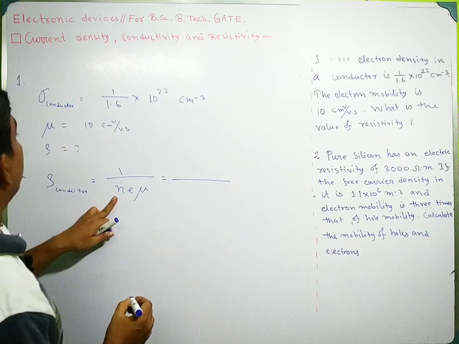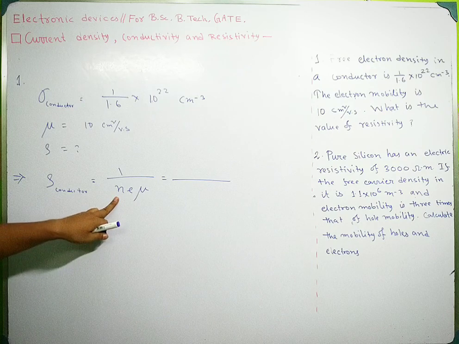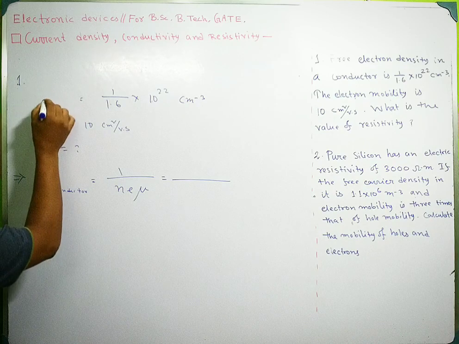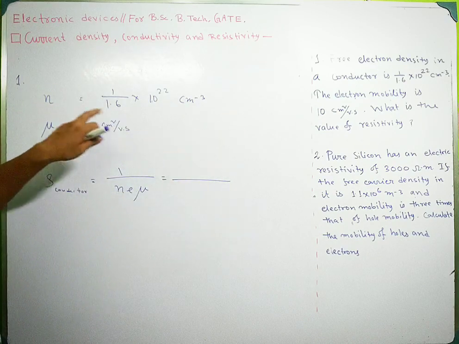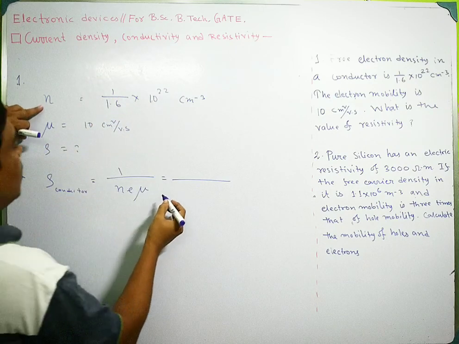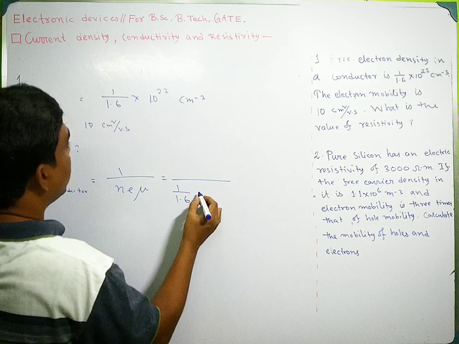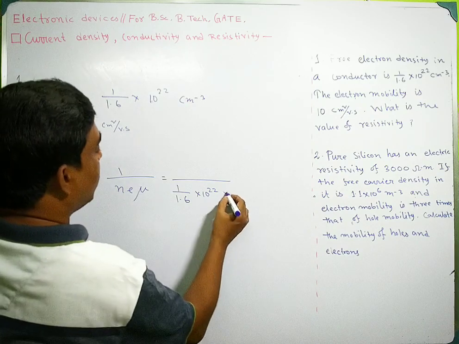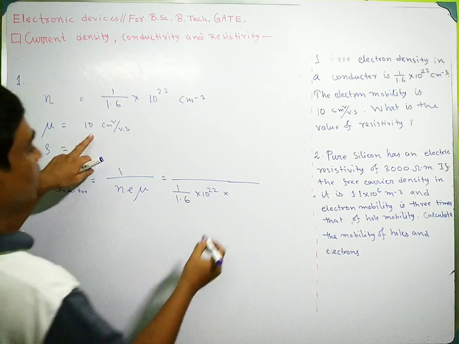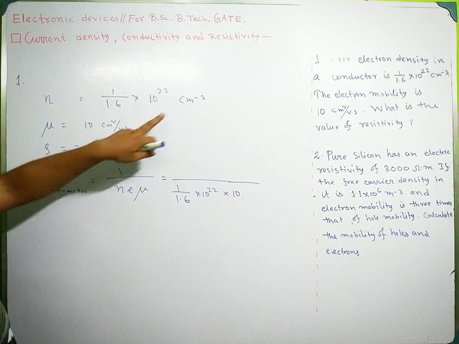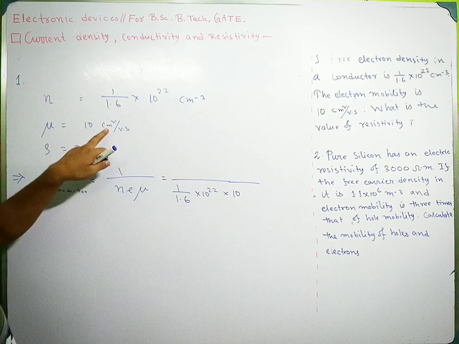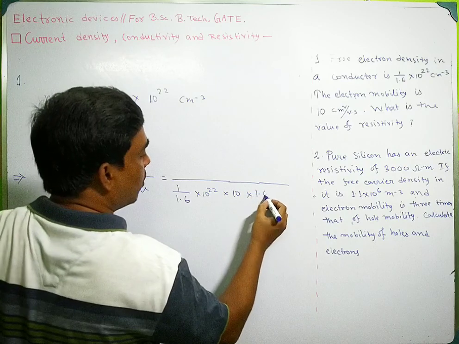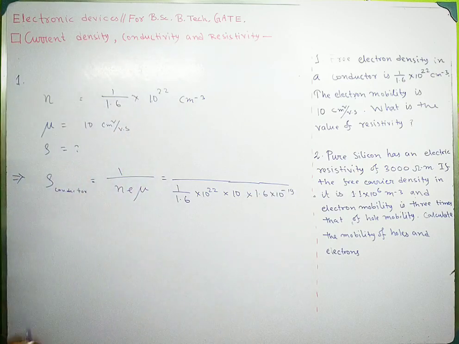The free electron density n is this. So 1 by 1.6 into 10 to the power 22, multiplied by mu, which is 10 cm square per volt second, and the value of e is 1.6 into 10 to the power minus 19 coulomb.